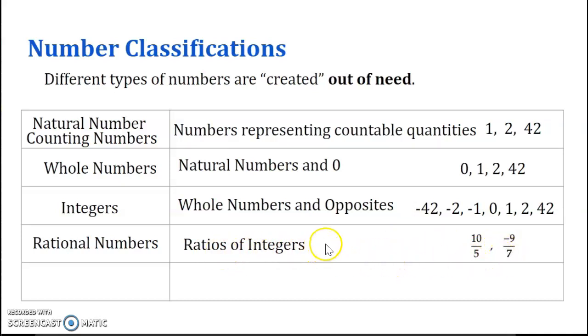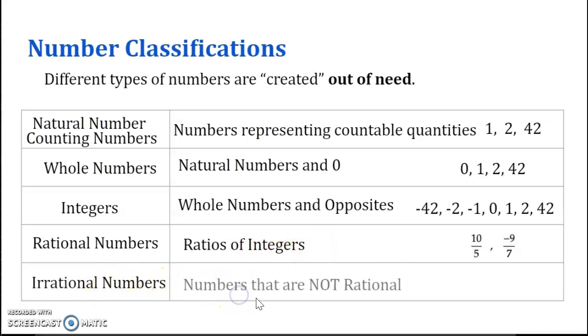It can be both positive or negative. And then we came to irrational numbers, which are numbers that are not rational, such as square root of 2 or square root of 6 or pi, and so on. These are numbers that cannot be represented as a fraction, and when you represent it as a decimal, it's a number that goes on forever.